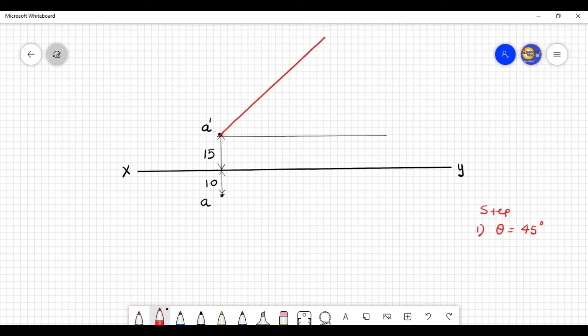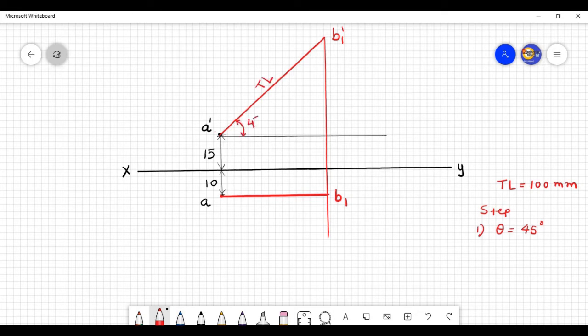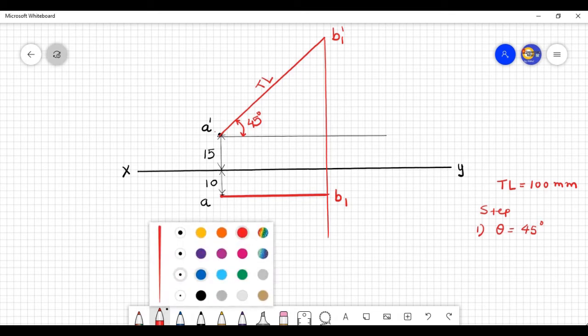So you construct a line at 45 degrees with respect to XY or HP, and its length should be the true length, 100 mm. Since this is the very first step, we denote it as B1 dash. This A dash B1 dash is the front view, and AB1 is the top view, with the true length of 100 mm.